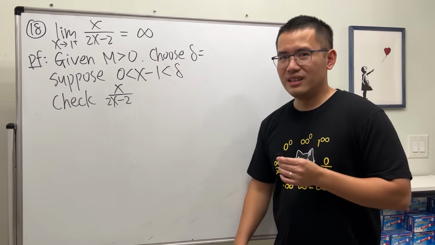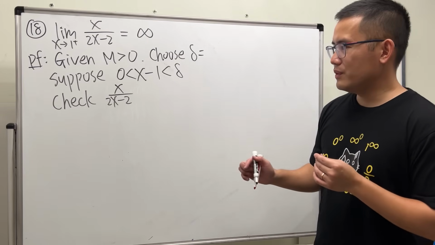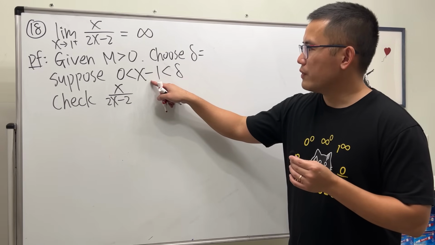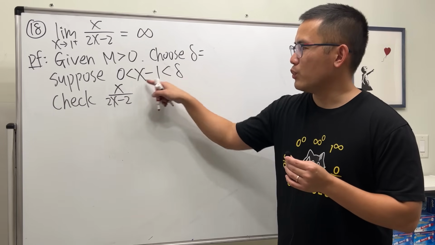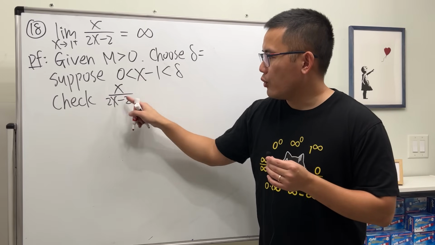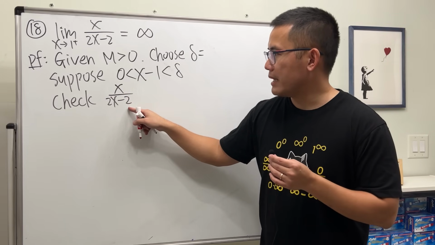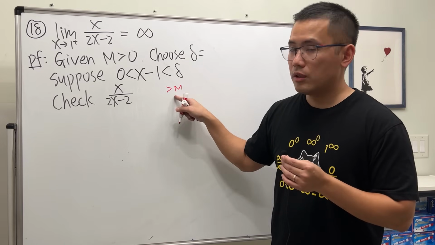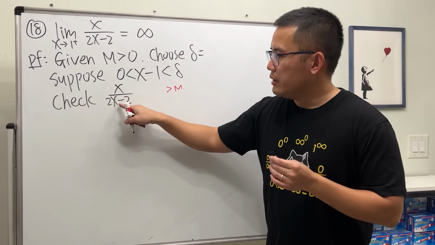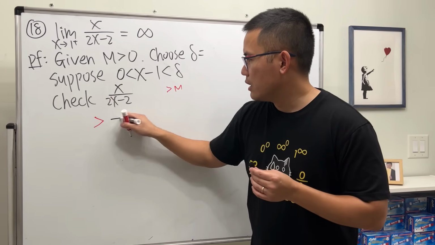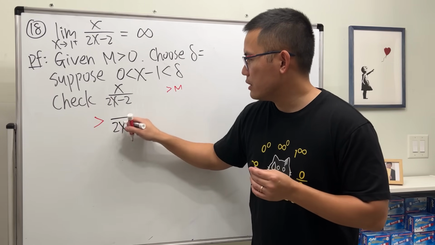Check this out. Let me know if you think this makes sense or not. All right, x is in between 1 and 1 plus delta, right? Because you can just add 1 to everybody. x over 2x minus 2. We want to show that this is greater than M, right? That's what we want to show. This is a minus 2. Can we just say that's greater than, ignore the minus 2, like this?